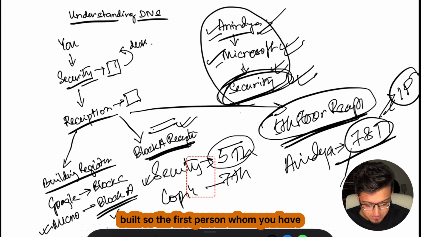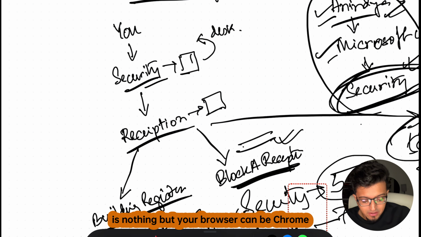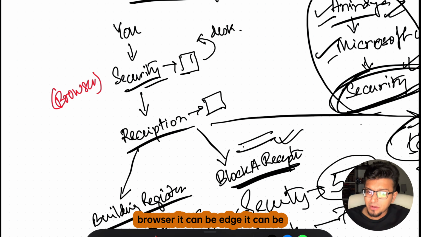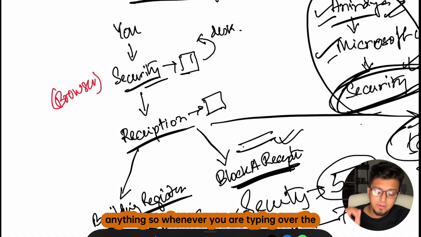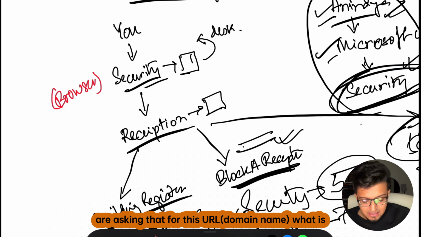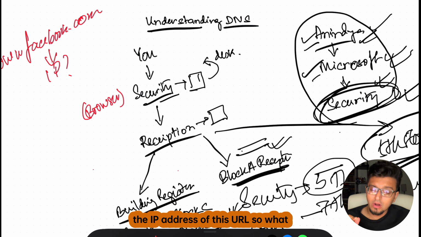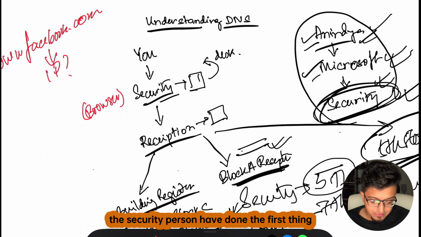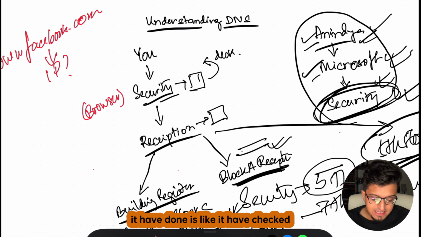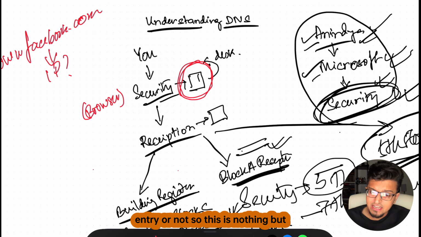The first person whom you asked this question, the security person, is nothing but your browser. It can be the Chrome browser, it can be Edge, it can be anything. Whenever you type a particular URL in the browser, the first question you are asking is, for this URL, what is the IP address? What the security person did first is check the internal notebook to see whether this person has an entry or not.